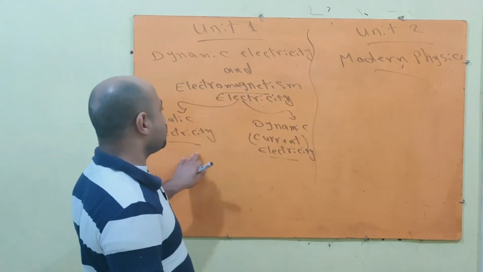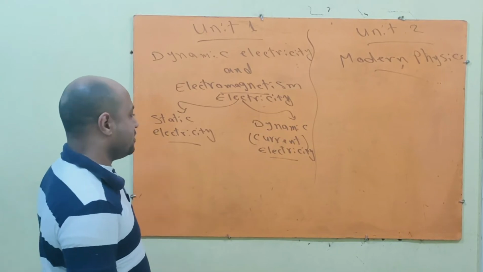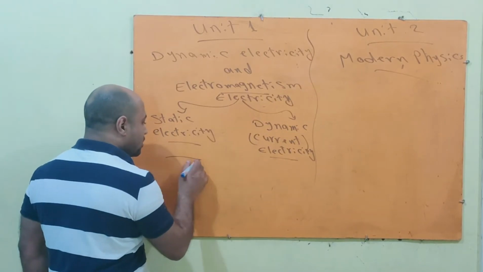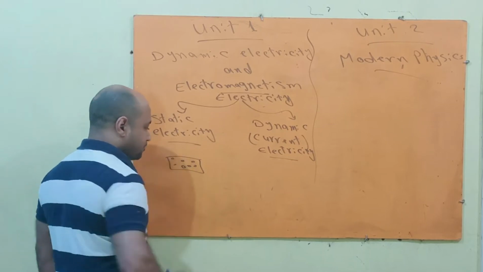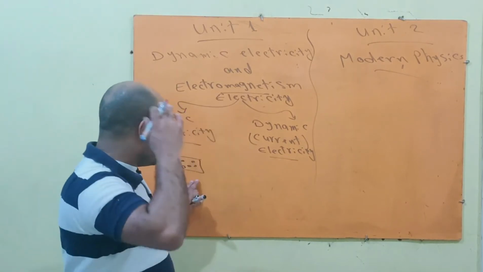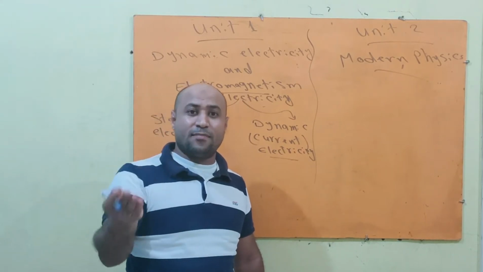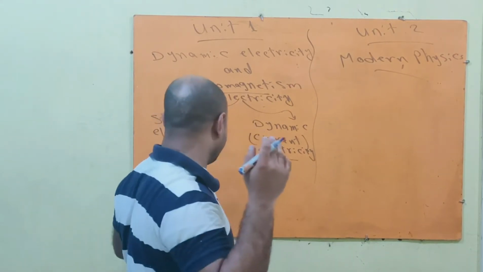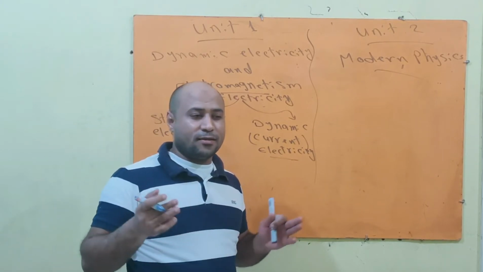We have two types of electricity. The first type is called static electricity. The charges remain constant on the objects, for example when you rub a hair comb or a plastic ruler.